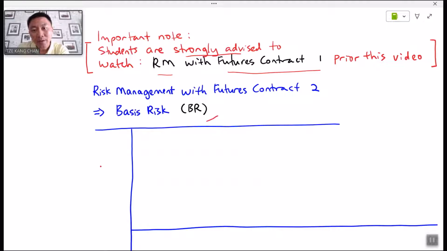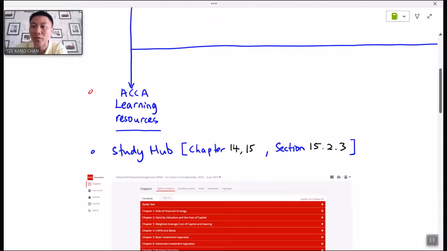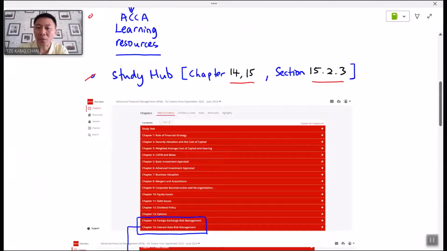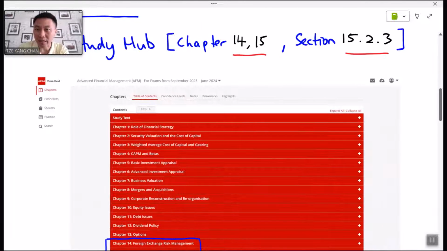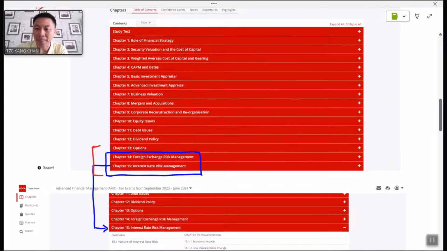Guys, the explanations on basis risk in this video mainly refer to the following ACCA learning resources, primarily the Study Hub from chapter 14 and 15 in section 15.2.3. By referring to the Study Hub landing page on the left-hand side of the tab, just select chapter 14 and 15 for reading.